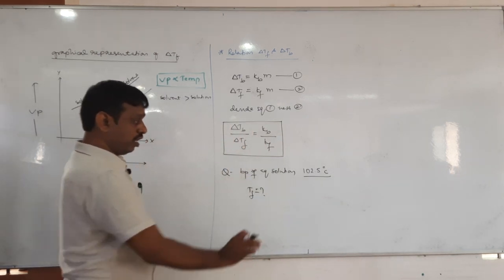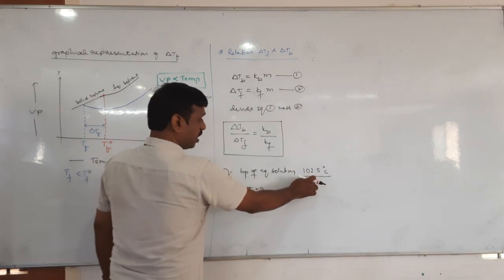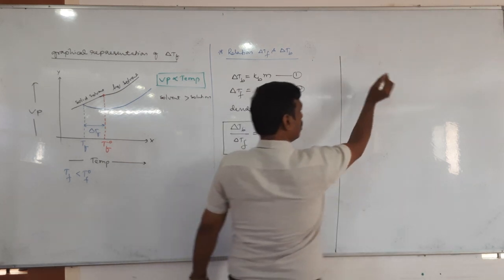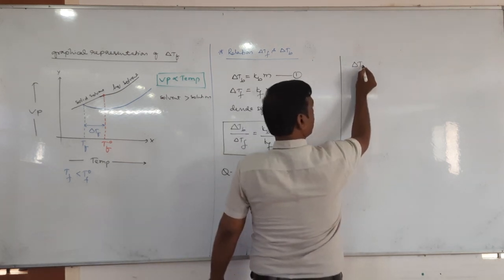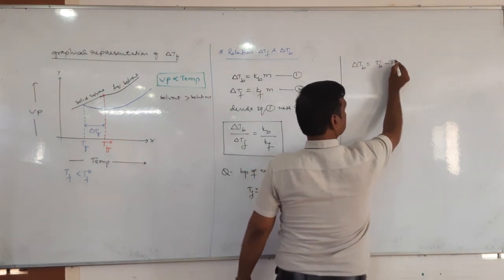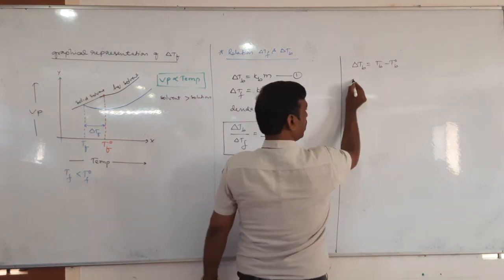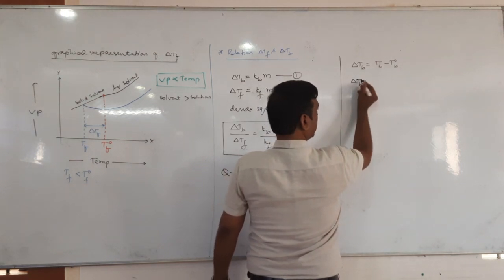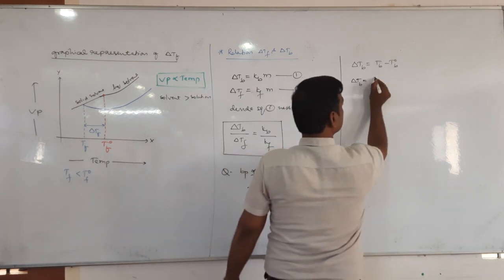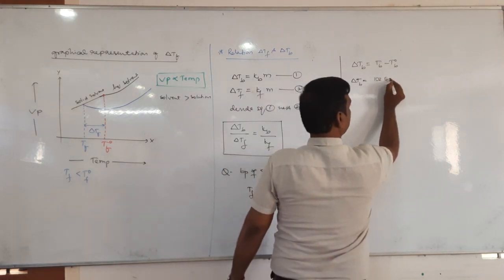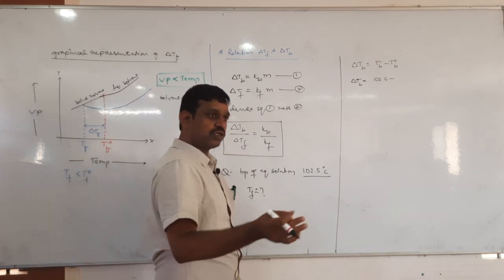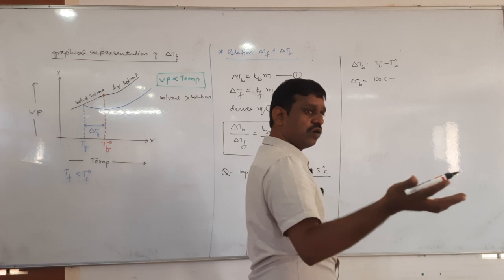If the boiling point is given, can you calculate delta TB? Yes. First calculate delta TB. Delta TB equals TB minus T naught B. TB is 102.5, minus T naught B. T naught B need not be given, because the boiling point of pure water is always 100.